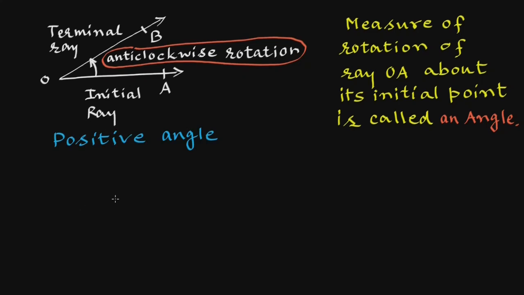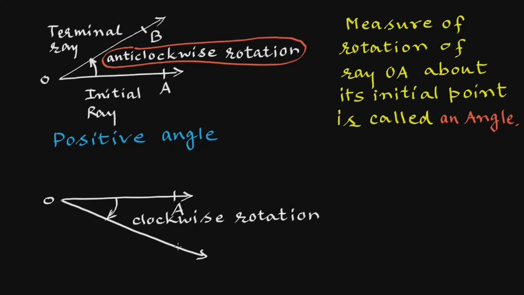On the contrary, suppose we rotate ray OA in clockwise direction to take a new position OB, then this angle is called negative angle.